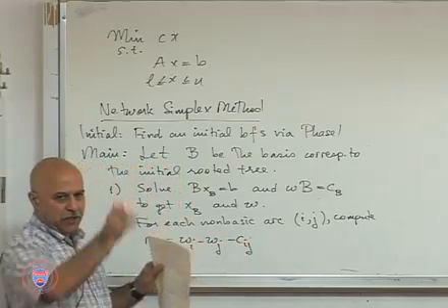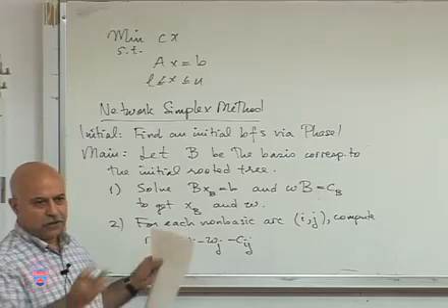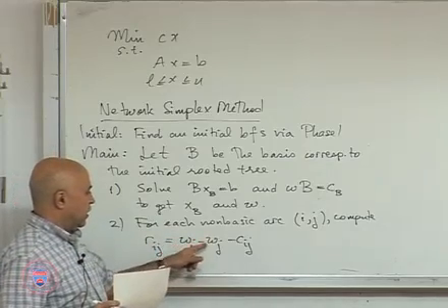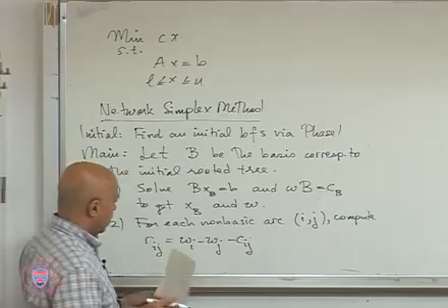Of course, w times Aij minus cij is the reduced cost, and w times Aij gives you wi minus wj.